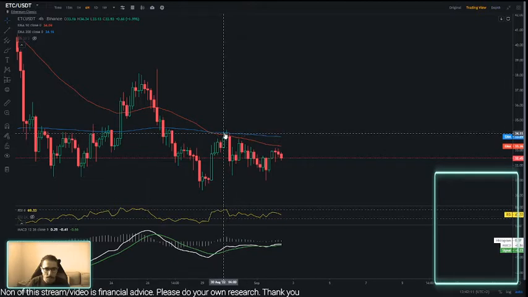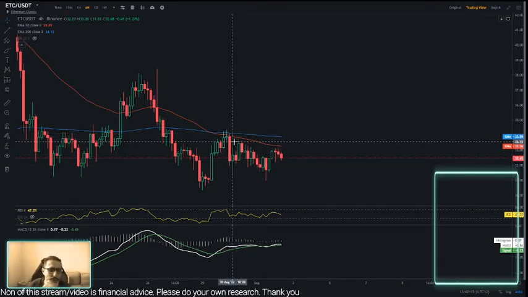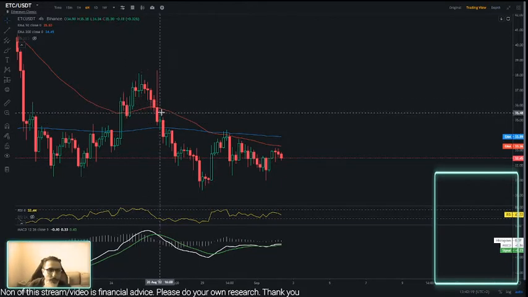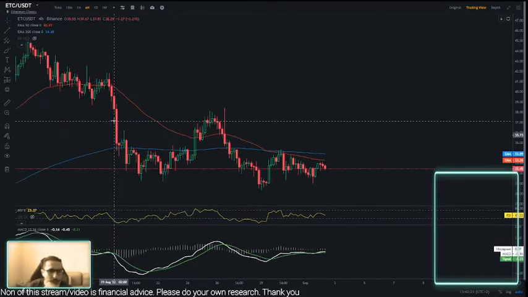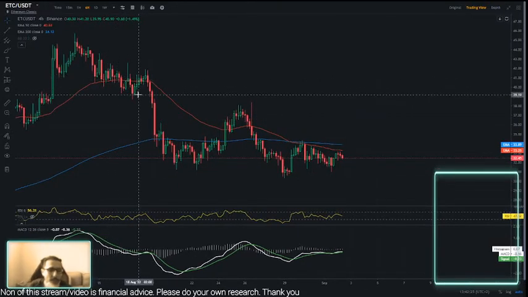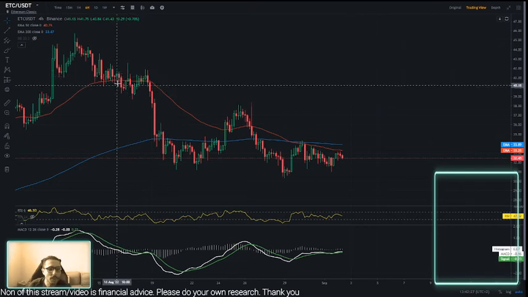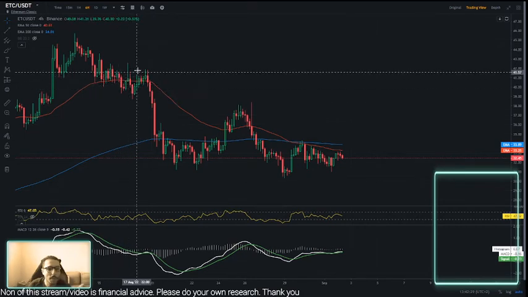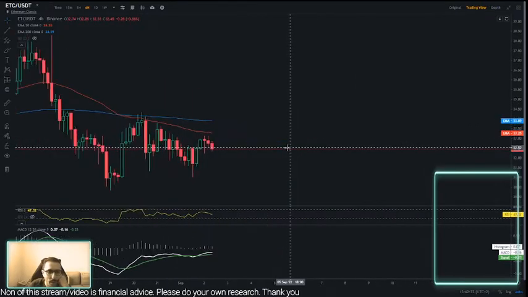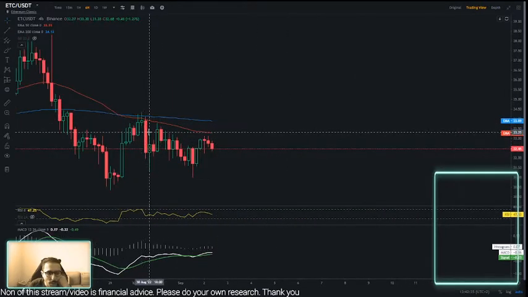Here the 50 worked as a resistance, if I can interpret it correctly. Here, absolutely nothing, and we have the same attitude we had before, in which the price just plays with the moving averages around it. Here we tested, we were rejected.